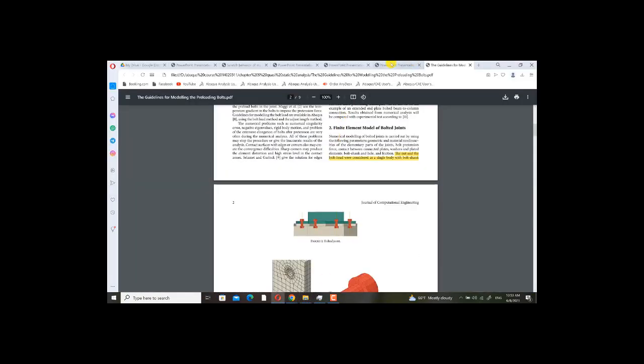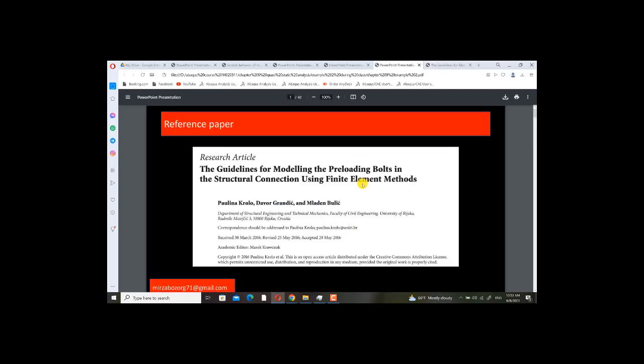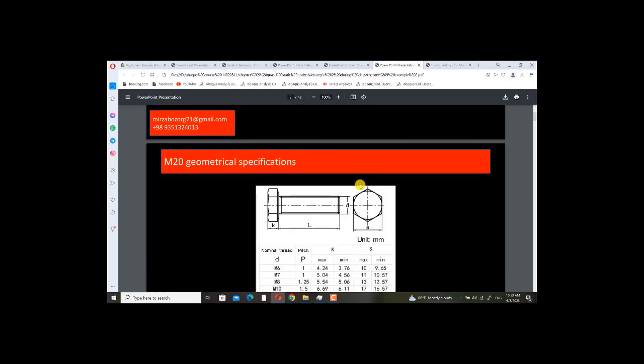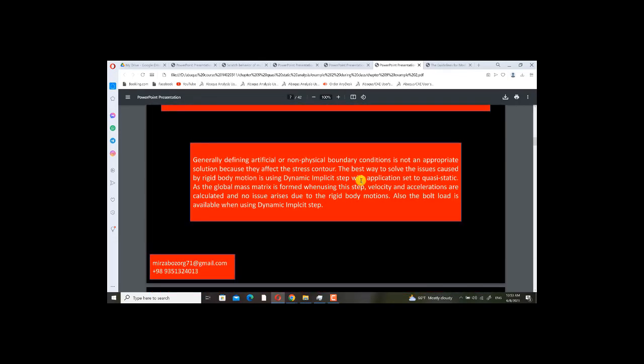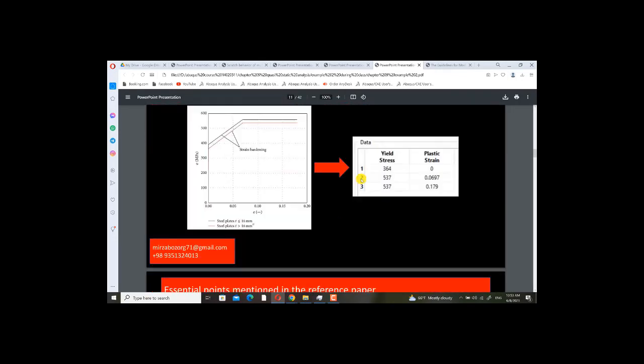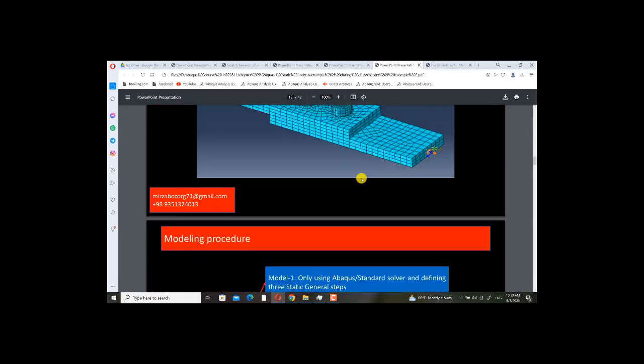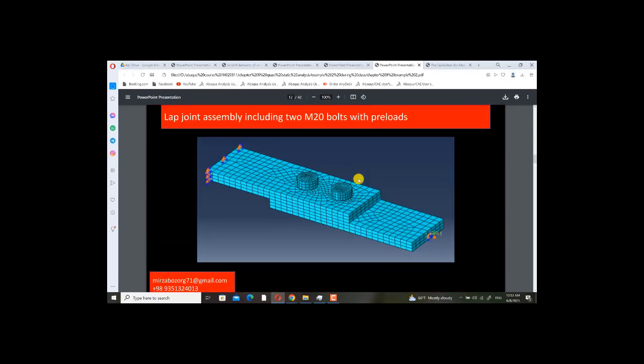Okay, I go back to the slides. As I mentioned before, this is our problem. It is a lap joint, and we have two bolts.